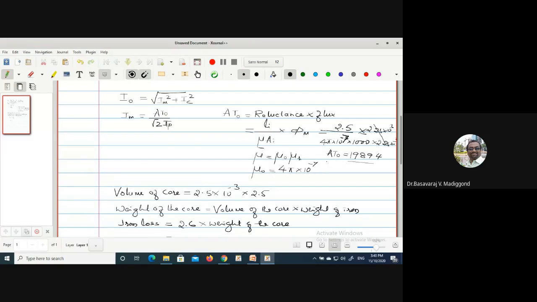So let us take this value. I have also got the same value, 1989.4 amperes.